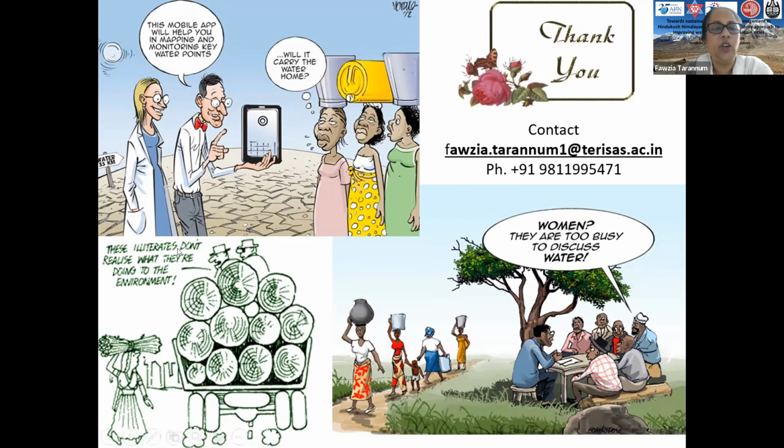Or here, these people are saying that these illiterates don't realize what they are doing to the environment. Logging is mostly done by men, but women who are just collecting wood are being blamed. What matters is representation in terms of who is actually monitoring and doing those tasks, their proximity to the natural resources, and who are the people in decision making.